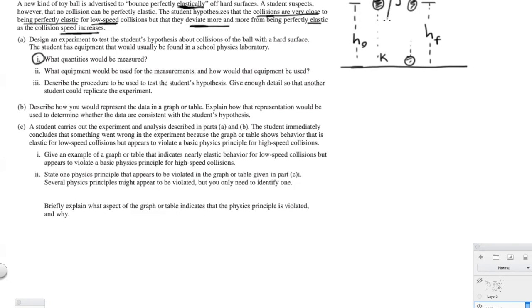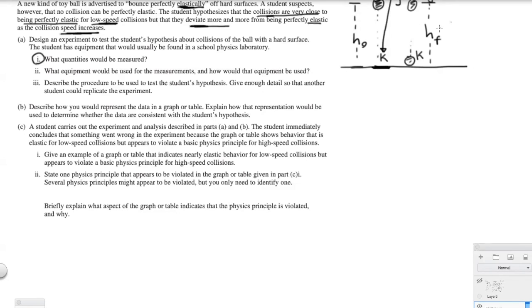This potential of gravity gets converted to kinetic right before collision. Then the collision happens, then the ball leaves the surface with kinetic again, and then that kinetic gets converted back to potential of gravity.